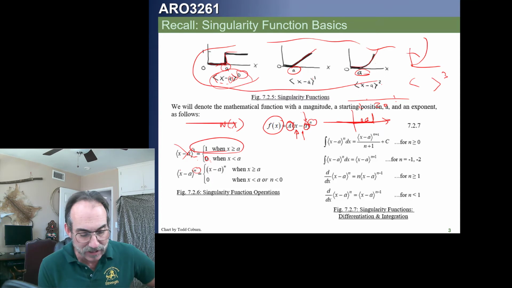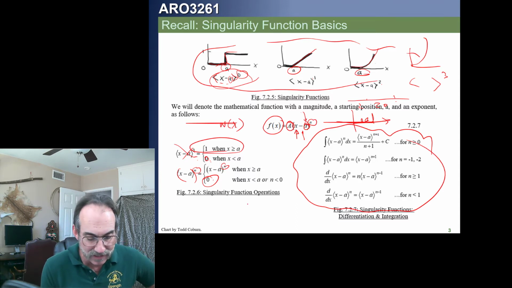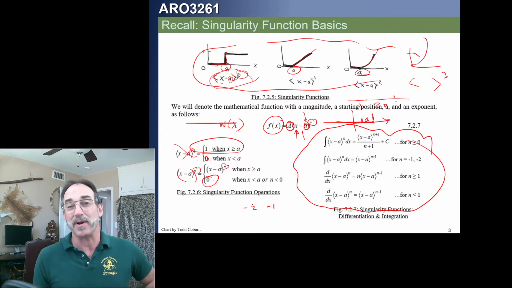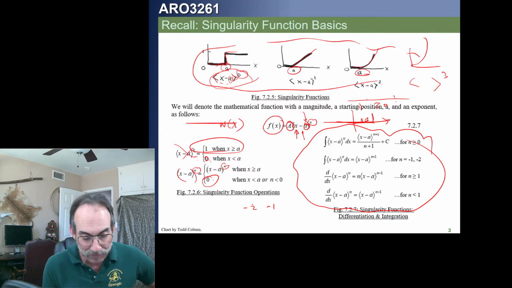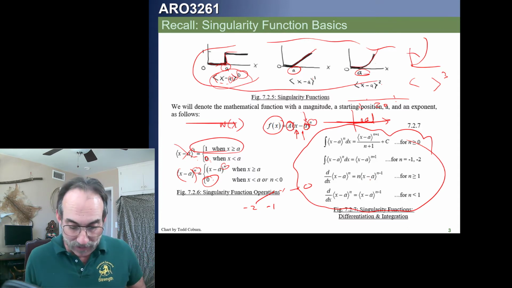If we have any other exponent, these become brackets, and the term is just not considered if we haven't passed yet. We saw some specialized rules for integration and differentiation for exponents of minus 2 or minus 1, or any negative exponent, though those are the two exponents we're going to be dealing with. When we integrate, we just ratchet that up one. So minus 2 goes to minus 1, and minus 1 goes to 0, and after that, we start integrating normally.